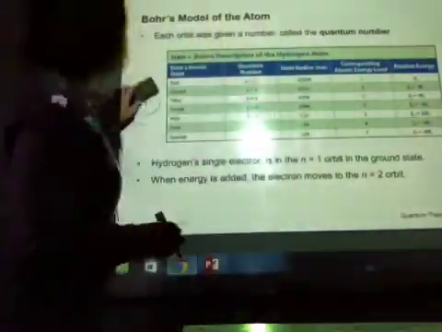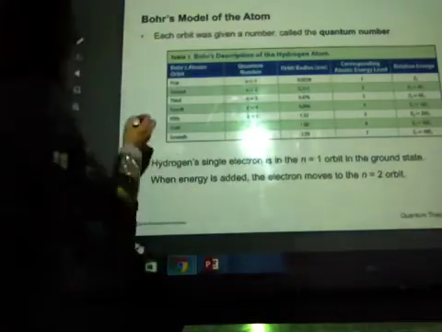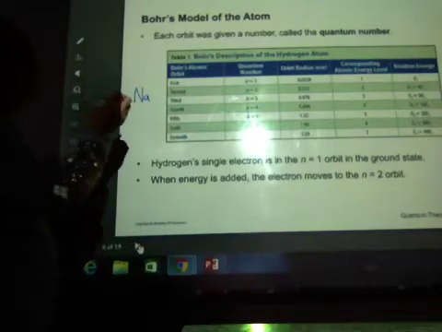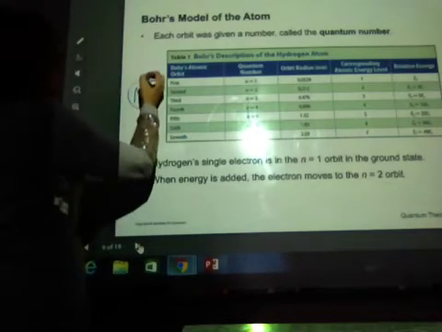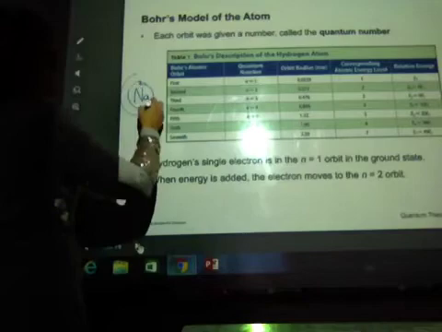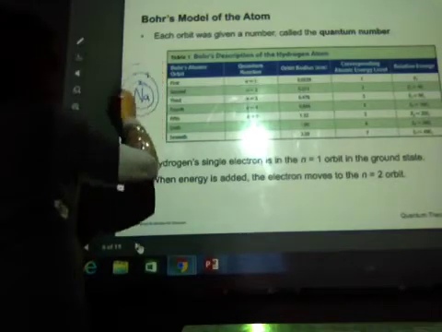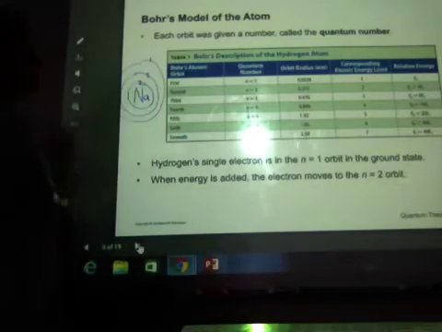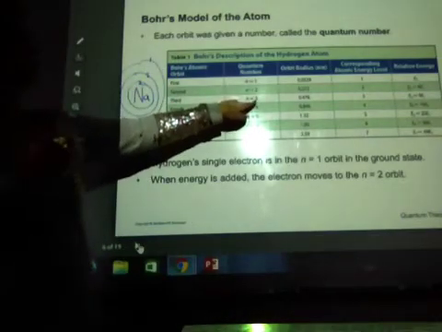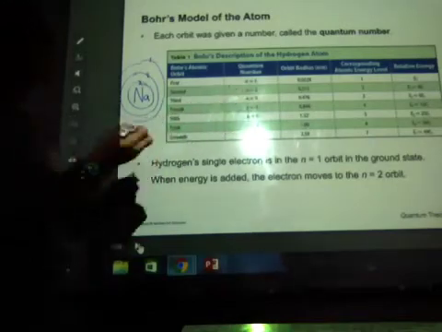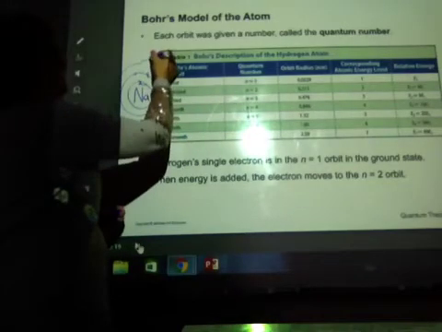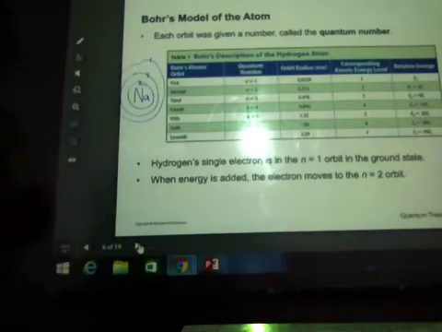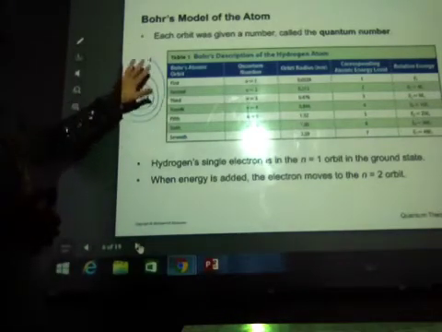If I look at sodium, and this is on your periodic table that I printed off for you guys, it has 2, 8 electrons, and 1 electron. It has 3 orbits, so it has a quantum number of 3, and it has 3 energy levels for those electrons to fit in. And we will talk a lot more about that.